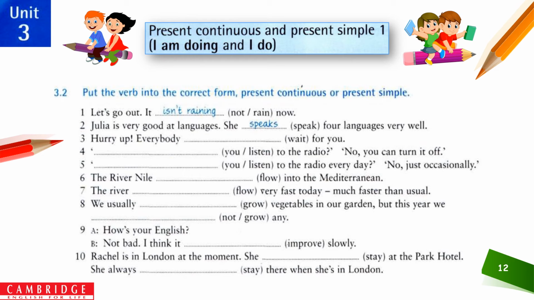Whereas the second sentence, Julia is very good at languages. She speaks 4 languages very well, which means usually she speaks 4 languages very well. So we need to understand what is depicted in these sentences, and accordingly you need to use the tenses, whether it is simple present or present continuous tense.